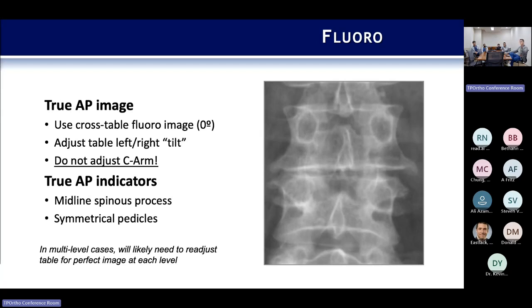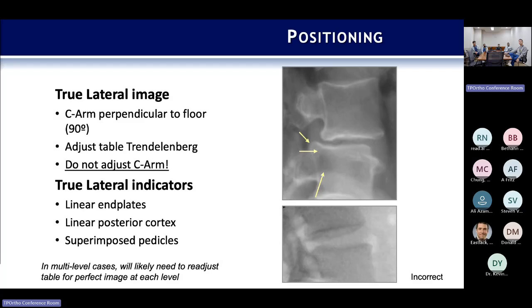But the bottom line is you want to see your pedicles. You want to see the spinous process bisecting if you can, as long as they still have the spinous process. Just make sure that it's symmetrical. That's really important so you don't get caught, because if this is off, you're off in the anterior posterior plane. So if you go to a lateral, you think you're good, you're actually not. So the spine's rotated. On the lateral, I personally prefer the caudal level to be perfect.